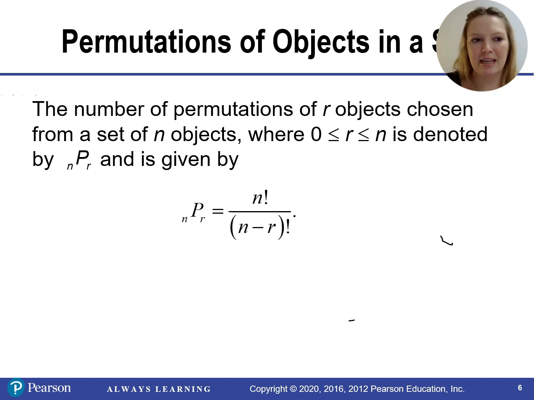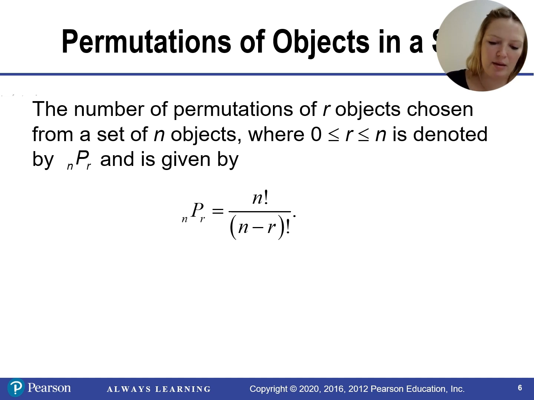I might read this as n permute r. So I'm starting with n objects, and I'm going to choose and arrange in order r of them. And the way I can get that is by taking n factorial and dividing it by (n minus r) factorial.